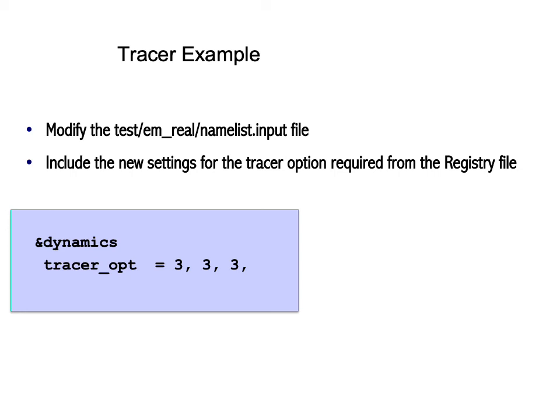So at runtime, if we ask for tracer option number 3, that's going to allocate space in the 4D array tracer for the 3D component called plume. Inside of the solver routine, if we activate that plume variable, we're going to puff a value over Fukushima at every single time step.